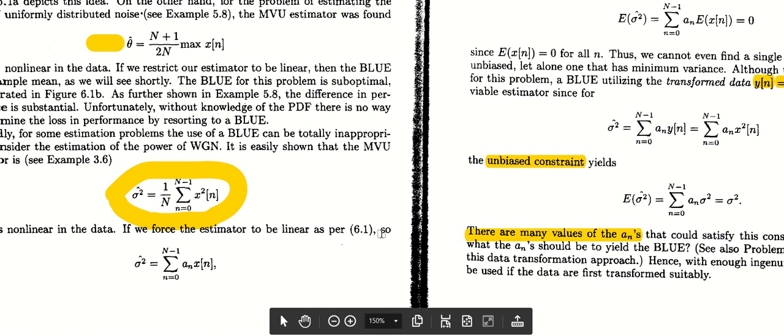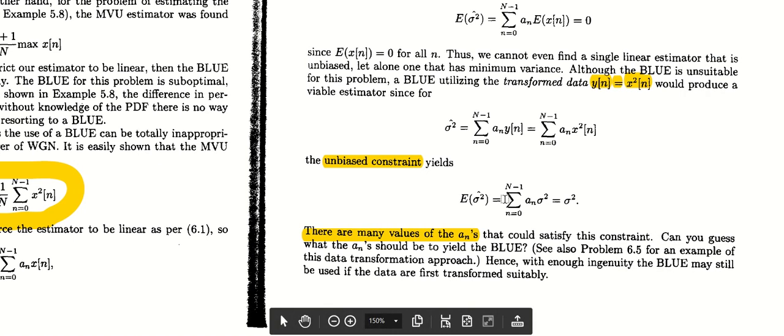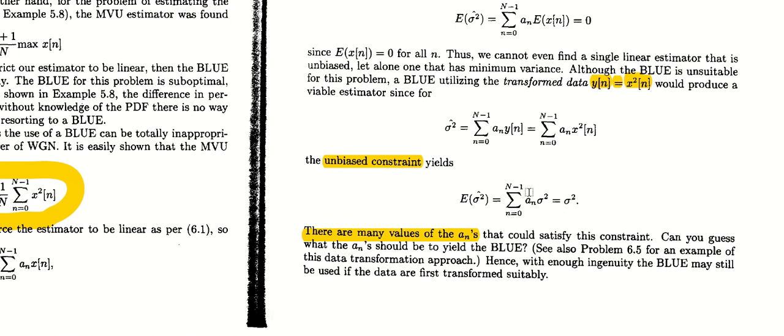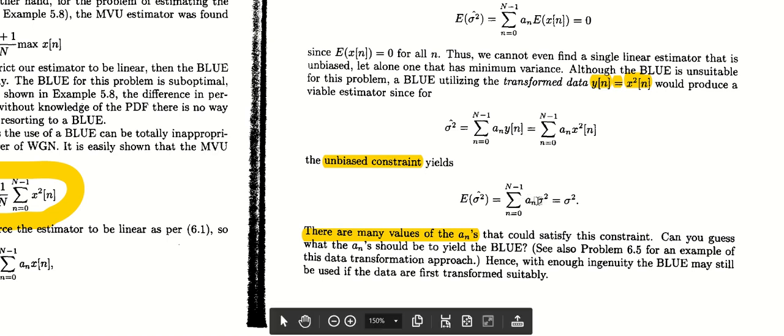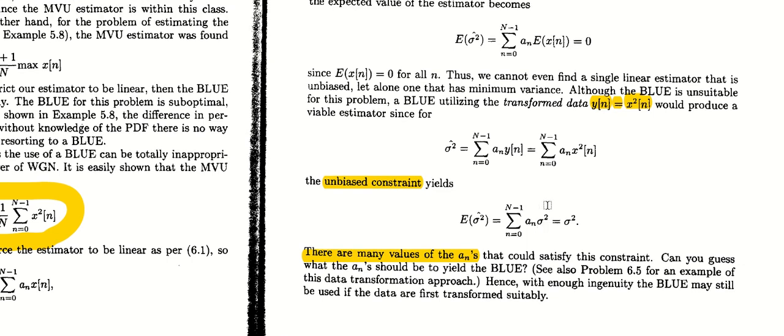If a_n is equal to 1 over N, then that would do the job perfectly. It will be unbiased and also minimum variance. So the answer is a_n equal to 1 over N. Of course, we know the answer, but you can try to practice one more time and see what happens.